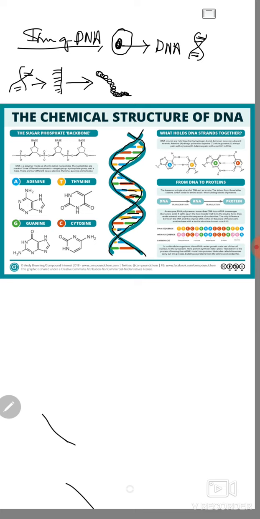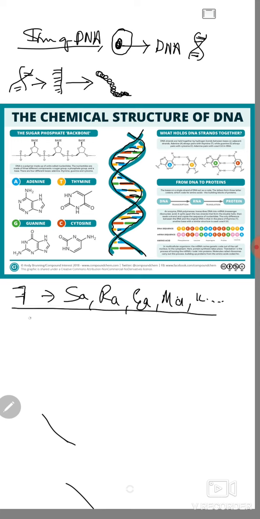If you have a little bit of knowledge about music, you know that there are seven notes, like sa, re, ga, ma, pa, dha, ni, sa. By the combination of these seven notes, every music is created. In the same way, in DNA we have four types of notes, or you can say building blocks.